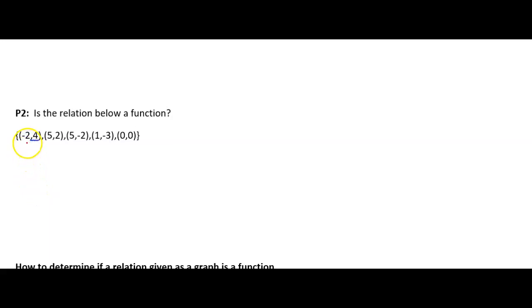You look at the first part of each pair: -2, 5, 5, oh, and I have a +2, and I have a -2. Those are different numbers. So I can stop right there. This is not a function. It doesn't even matter what the rest of it says. As soon as I find one, I have something that violates the rules of a function.